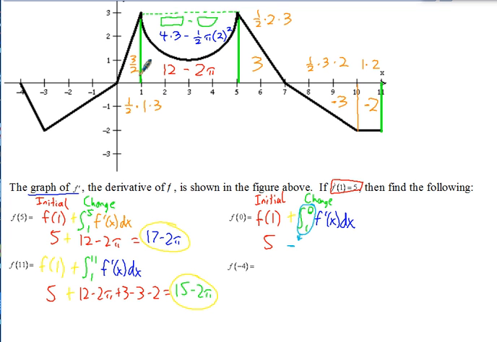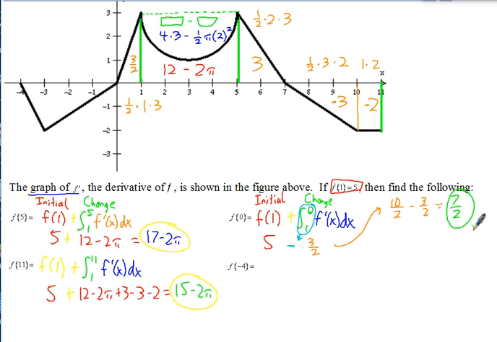So sometimes you can end up with fractions there. Do 5 minus 3 halves. Well, 5 is the same as 10 halves. Minus 3 halves gives you 7 halves. So that's what f of 0 is.